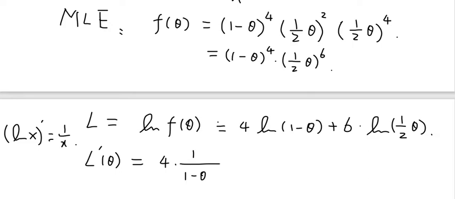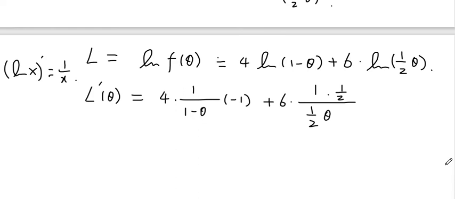We say this is the chain rule. So the derivative of 1 minus theta should be -1, right? So plus 6, here half theta, 1 over theta, we got half. Then also multiply by the derivative of half theta, so half.